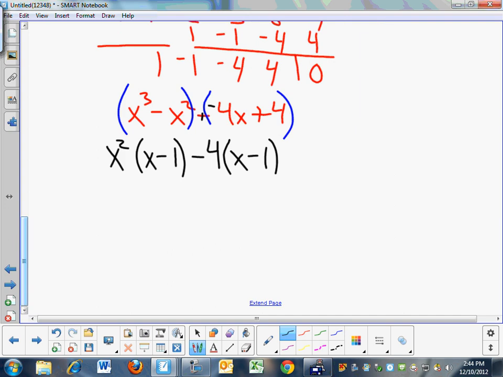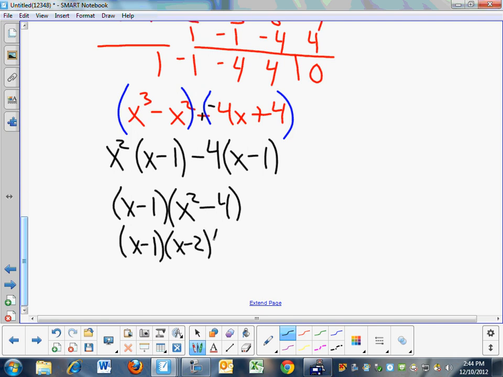What is the common factor? X minus 1 leaves you with x squared minus 4. Does that factor? Yep. X minus 1 times x minus 2 times x plus 2. Solutions are 1, 2, negative 2.